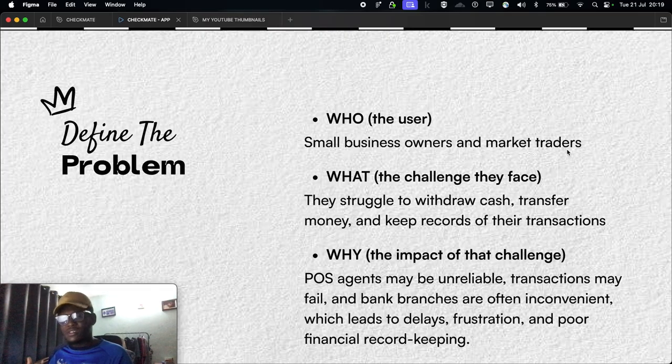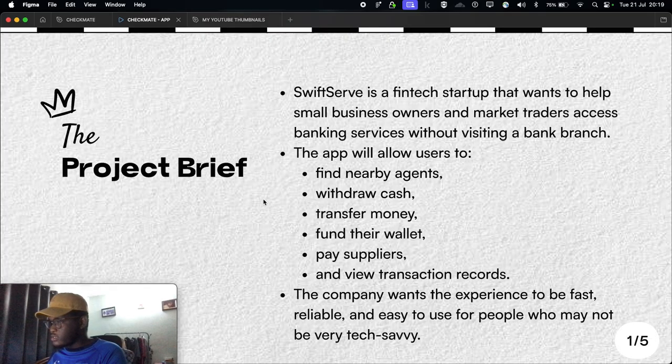Number two, what is the challenge they are facing? That's the problem we're also trying to get. What problem are these users facing? The challenge is that they struggle to withdraw cash, transfer money, and keep records of their transactions. Let's go back to the brief and see it.